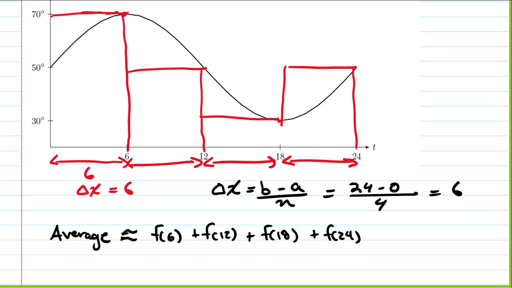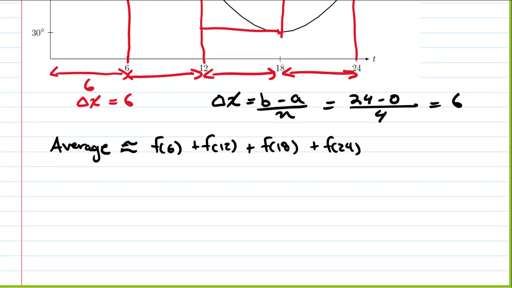So we're not quite where we would need to be yet. We would need to multiply each of these by the delta x, right? And our delta x would be 6, so times all of these by delta x.